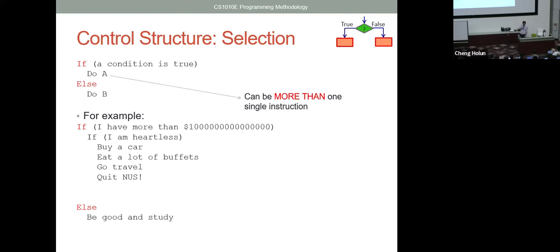But if I'm not heartless, what do I do? I donate all the money to charity. Okay, you have a big heart for that. So you can even have a nested structure. For example, this donate money is not in the else one. So you can actually make choices because of that. In daily life, you make choices. But in programming languages, you want to make it more specific like this.